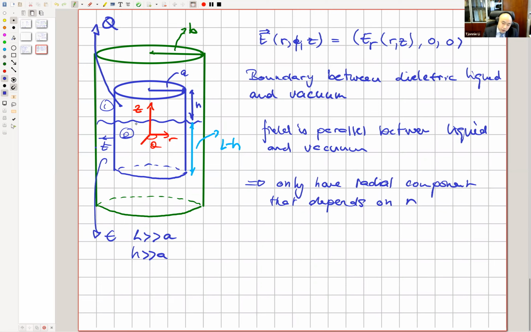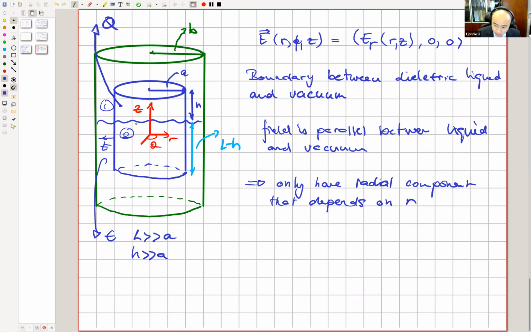When we think about the boundary conditions, how do we know how much surface charge density there is in the top part, which is vacuum? Anyone?